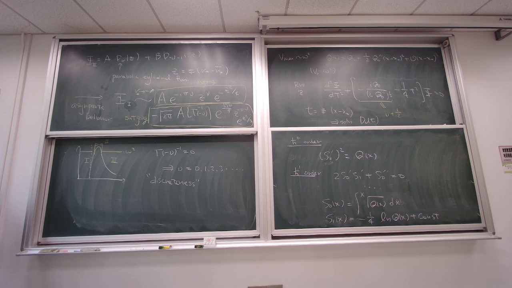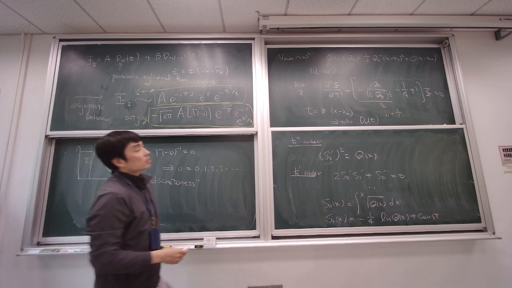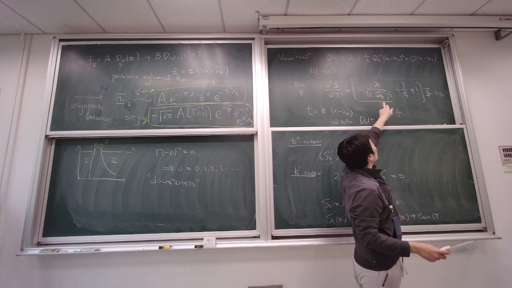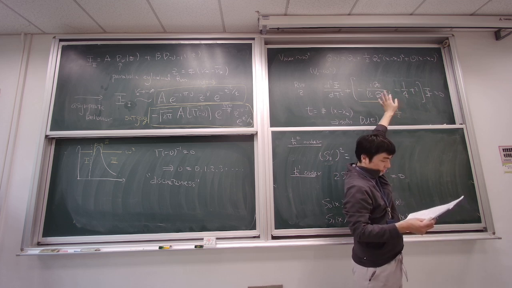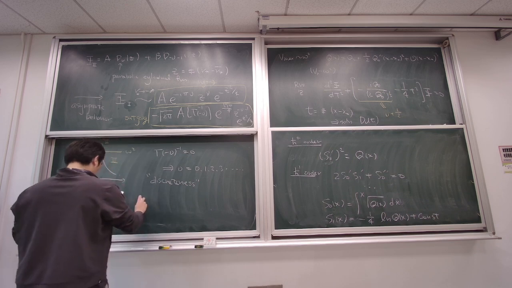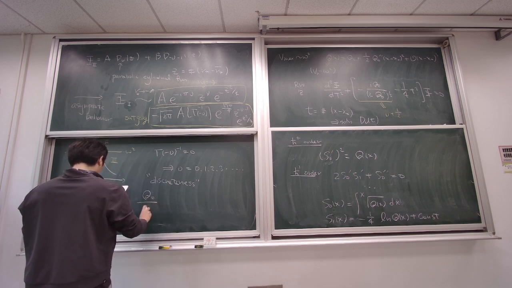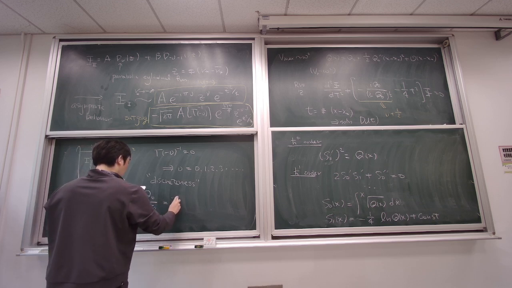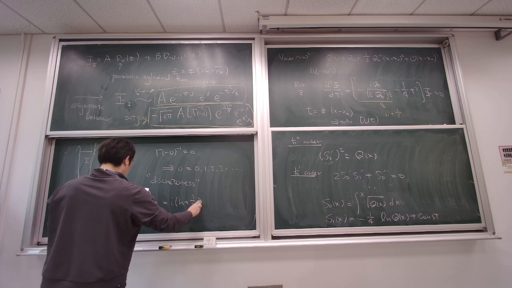Recalling that nu is defined by some Q0, this means that Q0 over the square root of Q0 double prime is equal to i times (n plus 1/2).